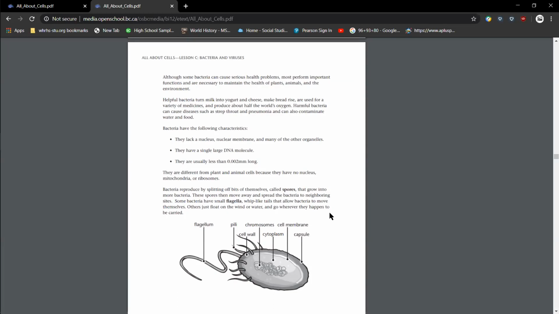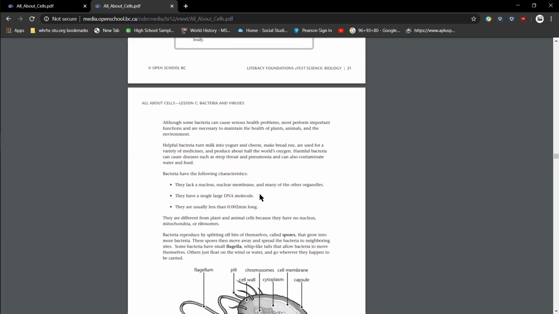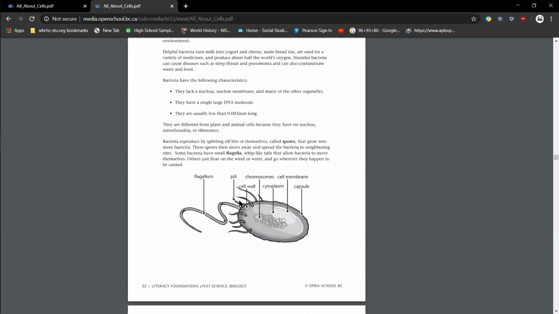Bacteria have a bunch of characteristics, one of which is that they don't have a nucleus, nuclear membrane, or any other organelles. If you remember, we talked about all of those organelles, and bacteria don't have any of them. If you look here, all they have is a cell wall outside, then a cell membrane, their cytoplasm, and chromosomes.